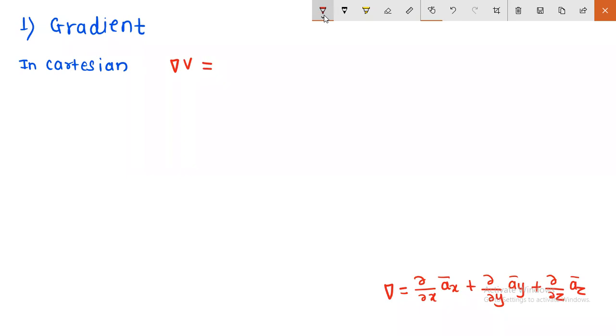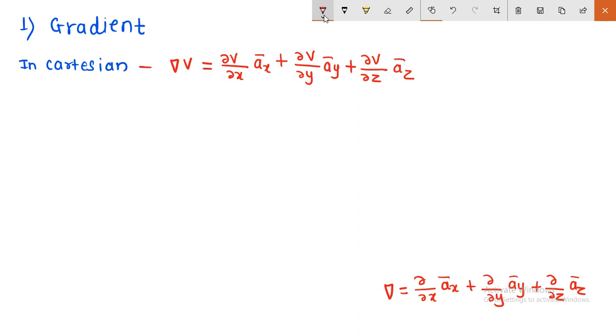So del V is equal to dabba V upon dabba x into unit vector a bar x plus dabba V upon dabba y into unit vector a bar y plus dabba V upon dabba z into unit vector a bar z. This is your formula in the Cartesian coordinate system.